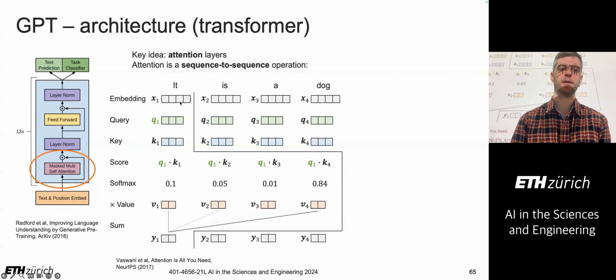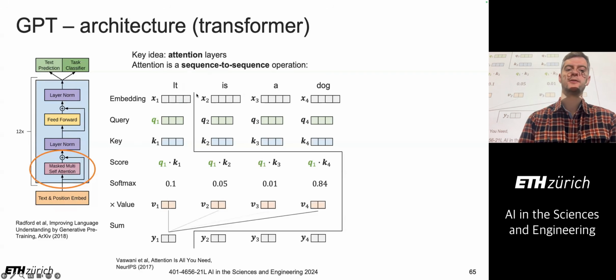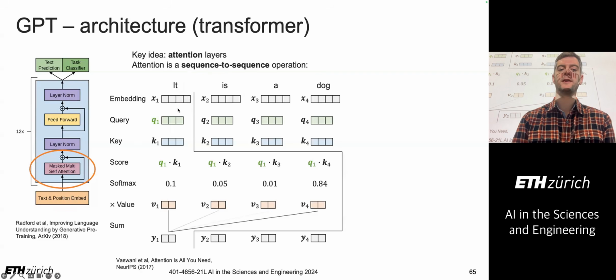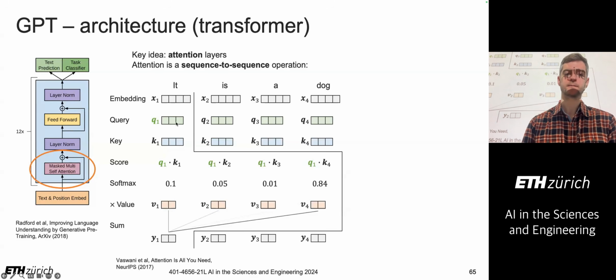So then what the attention layer does is, for each token, so for each X embedding here, or each word essentially, it generates a query vector, a key vector and a value vector. So these all depend on this value of X. Usually we use an MLP, for example, to learn these relationships.